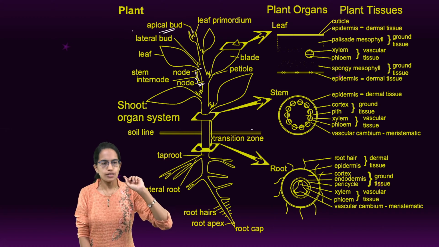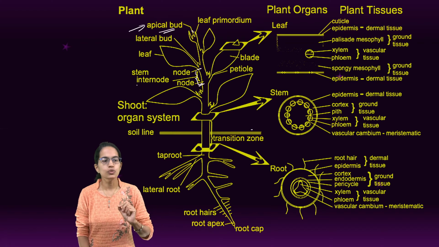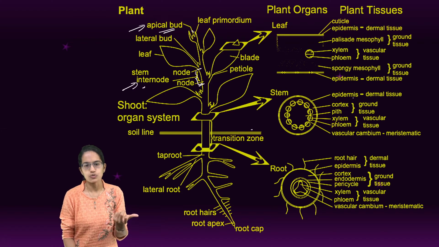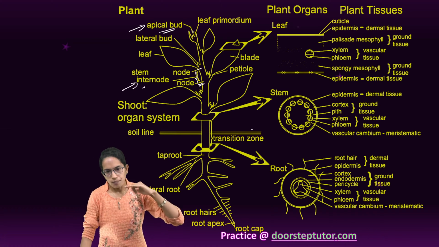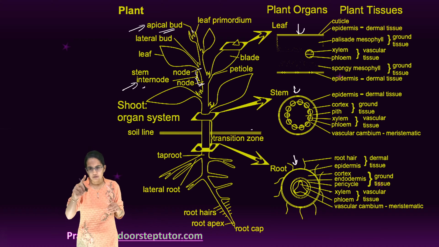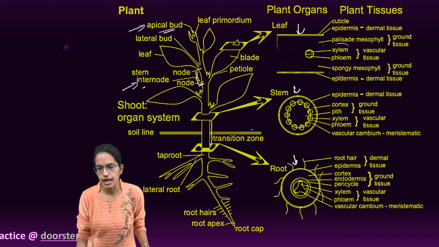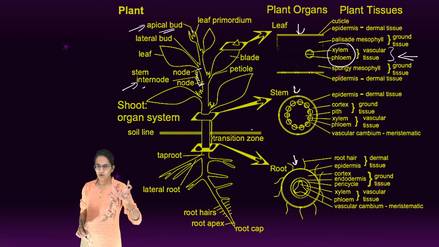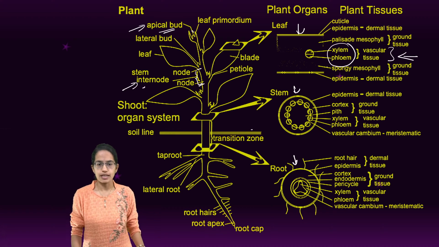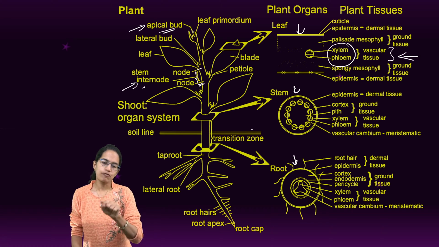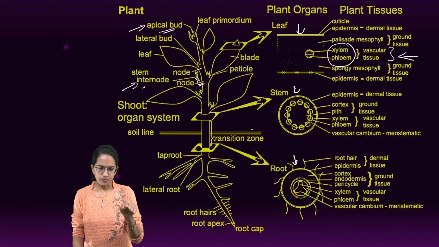So we have understood the apical meristematic tissue, the internode, and then across the stem there would be the lateral meristematic tissues. And then among the leaf, stem and root, we have seen that in all of these three there is xylem and phloem, which together form the vascular bundle. So xylem and phloem together is called a vascular bundle. Now if we talk about the stem, the arrangement of the xylem and phloem is a concentric ring.